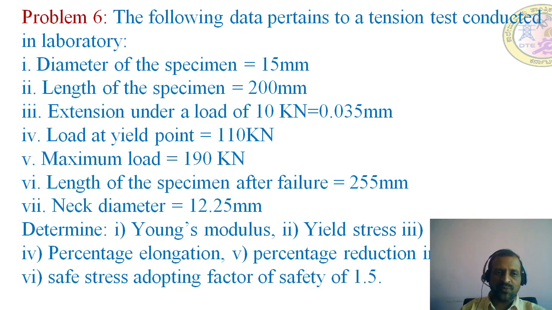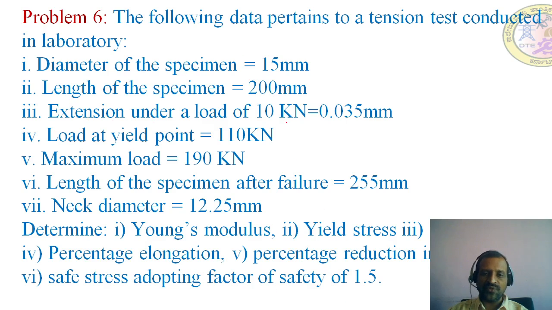So in the next problem, the following data pertains to a tension test conducted in laboratory. See, the problem itself is one page, so you read this problem carefully. In the laboratory, first he has given the diameter of the specimen is 15 mm. Then the length of the specimen is 200 mm.